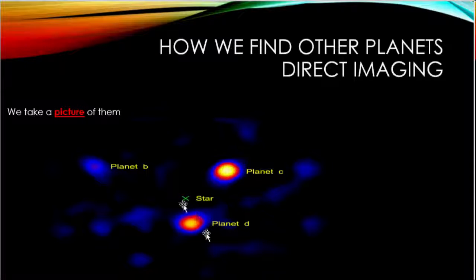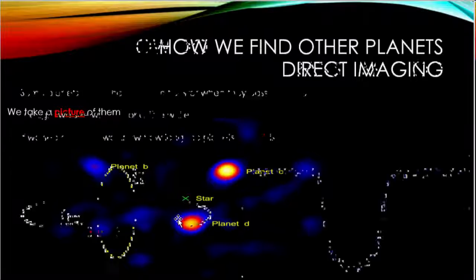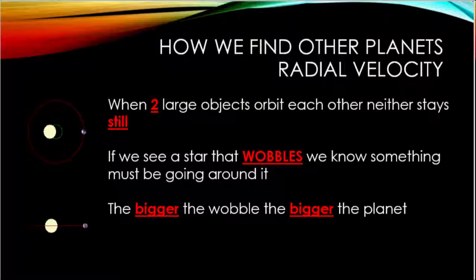And then we have a star here in the middle that you're not seeing any light from, but there's an X there to indicate where it is. So probably some clouds in front of it right now, or massive dust clouds in space. And then planet D looks to be a gaseous planet as well. So that's really it for that.